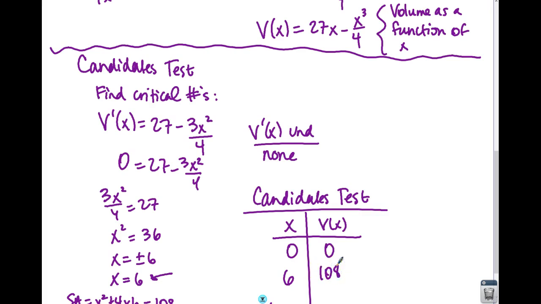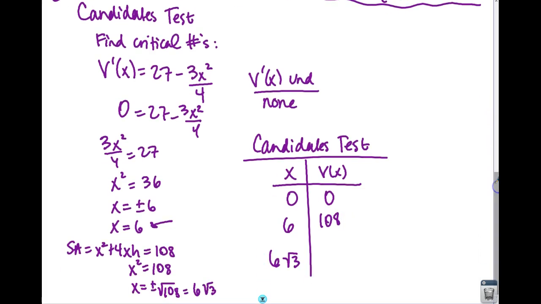But when you plug in that root 108, or 6 root 3, you end up with a volume of 0. This makes sense because all of your volume would be coming from just your flat piece of cardboard, which is a two-dimensional piece, and two-dimensional objects have no volume. So my maximum volume occurs right here.